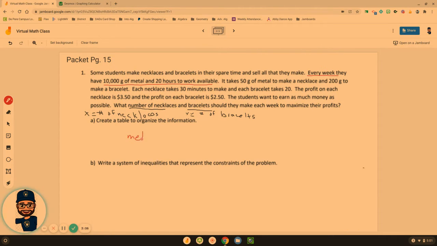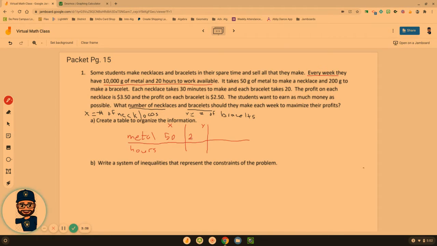I'm going to list them over here on the left. Metal and hours worked. And then we're working with two objects, X for the necklaces, Y for the bracelets. And so this is kind of our table, if you will, that we're using. So how much metal for the X for the necklaces? Well, that's 50 grams of metal and 200 grams for a bracelet.